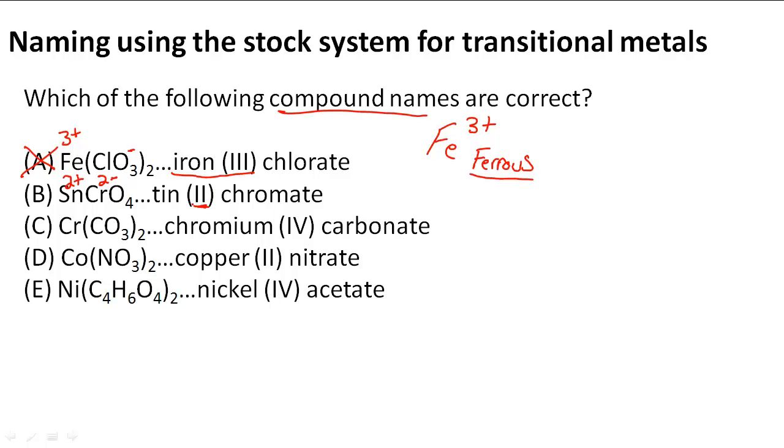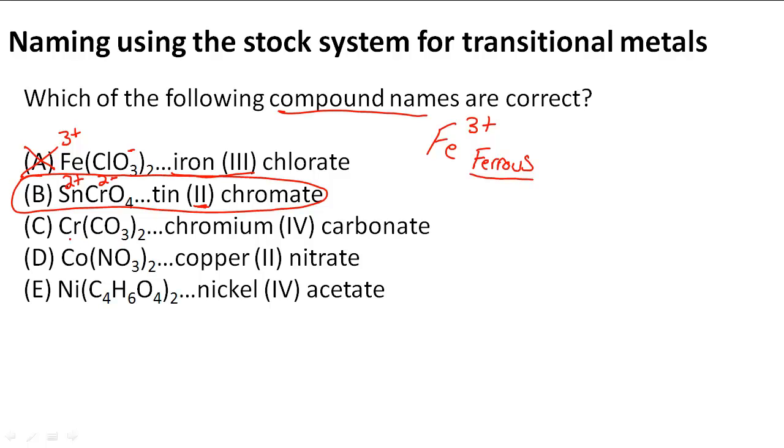But you have to be prepared to either remember what the charges are or know where to find the charges of the polyatomic ions. So this has a 2 positive charge, and CrO4 as a whole has 2 negative charge. So tin chromate is actually correct, so B is one of our answers.